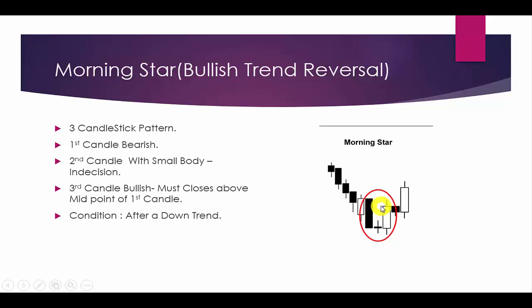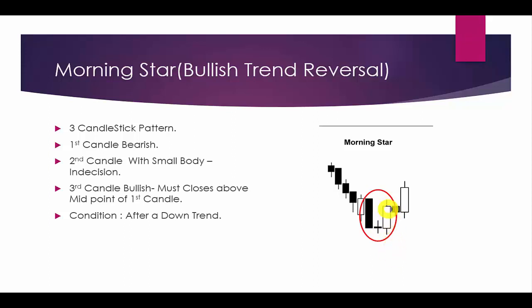They have stopped the sellers from keeping the market further in the downward direction. So now the market will move to the upside. When this candle closed bullish, we can say that bulls are back in the game and they have not allowed the sellers to push the market further downward.